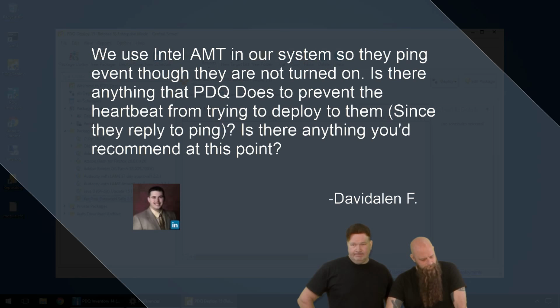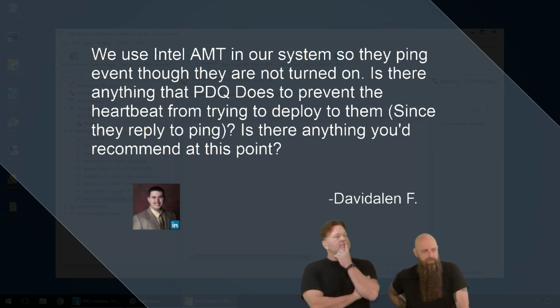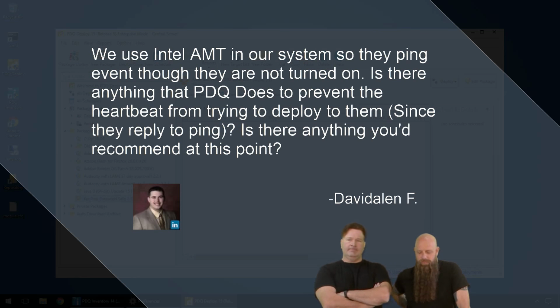Thanks, David Allen F. Yeah, I've heard this once before. This is really where the optional agent ultimately will come in, where you're no longer wanting to rely on a ping. These devices do respond to a ping, and that's all we're doing. We're simply doing an ICMP echo, and if that has echo request enabled, then it's going to reply.